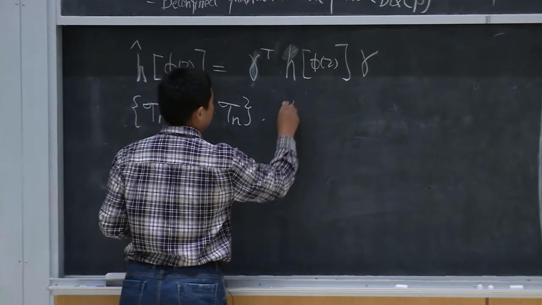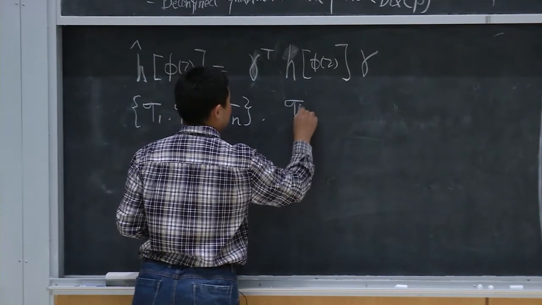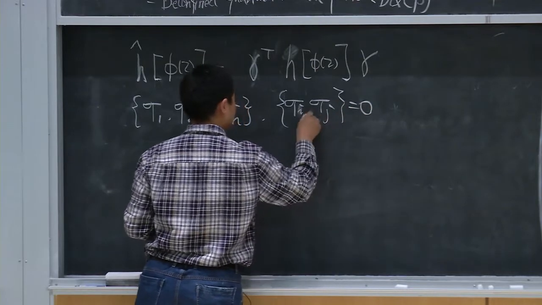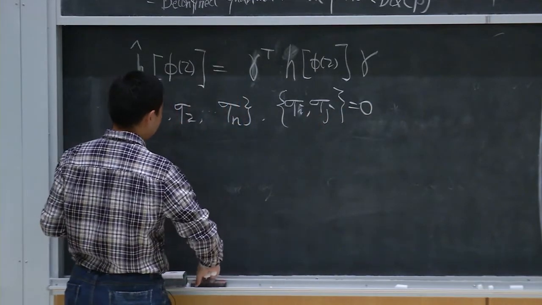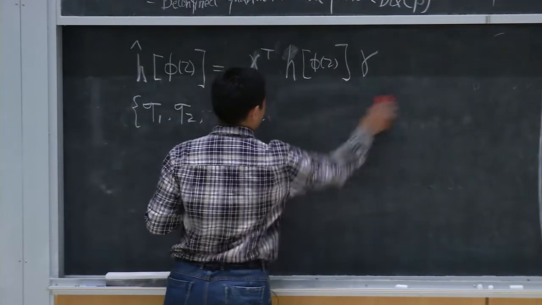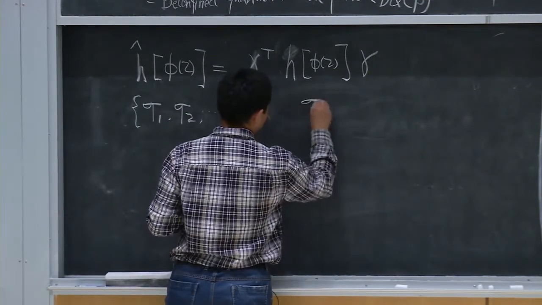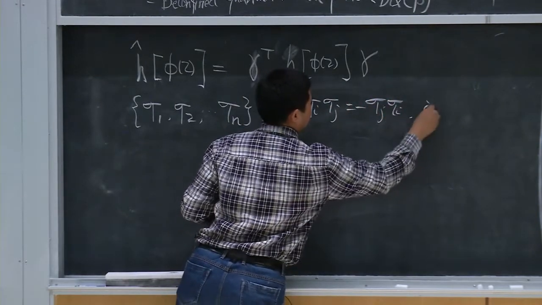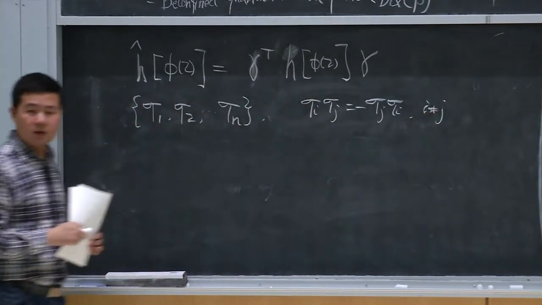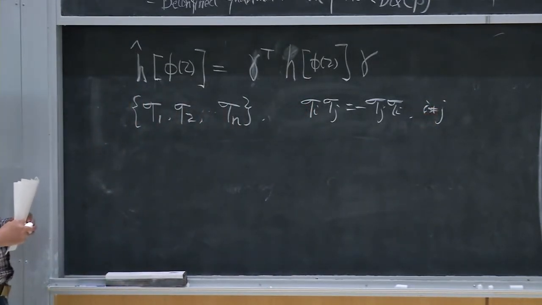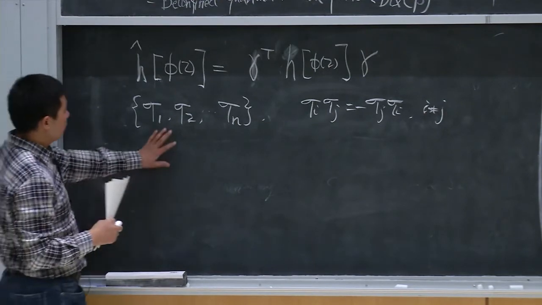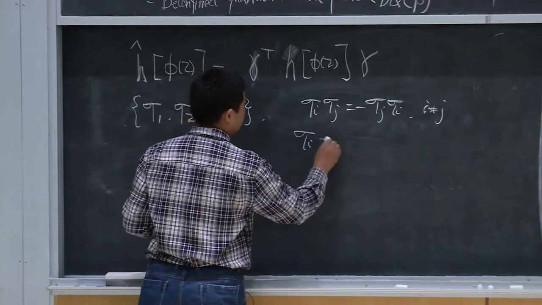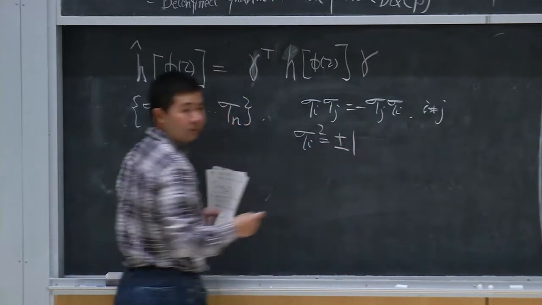And these anti-unitary symmetries all anti-commute with each other. So for each anti-unitary symmetry, the square of this anti-unitary symmetry can be either +1 or -1.